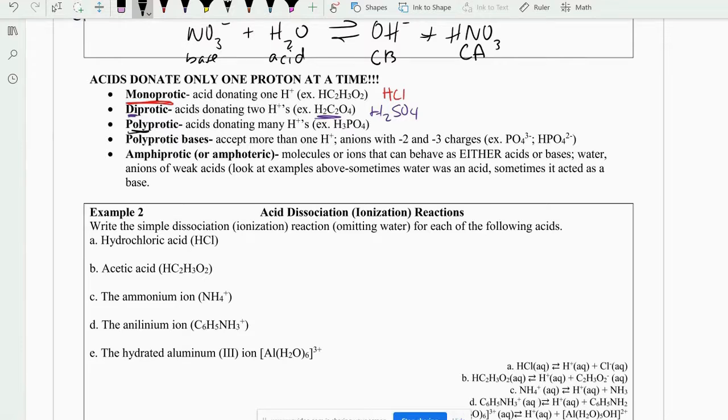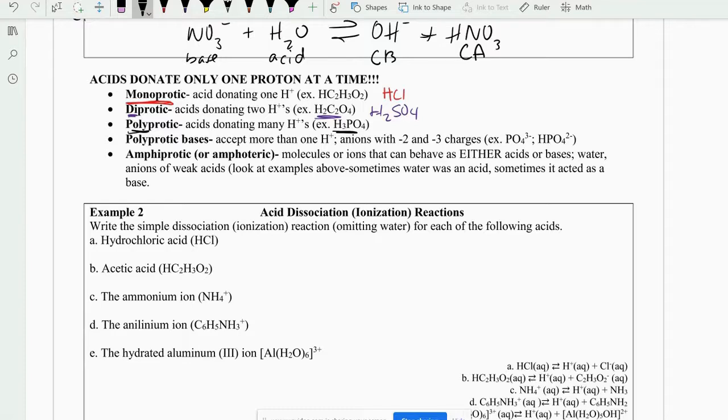An example would be, as you could see here, this phosphoric acid. And just like polyprotic acids, there can be polyprotic bases. And remember, according to Bronsted-Lowry, a base is going to be anything that can accept one or more hydrogens or one or more protons. So in this case, you can also make the assumption that there are indeed polyprotic bases.